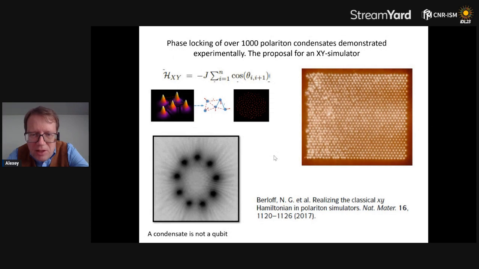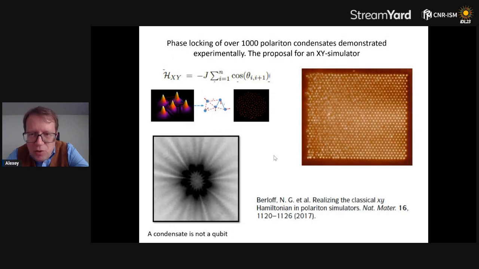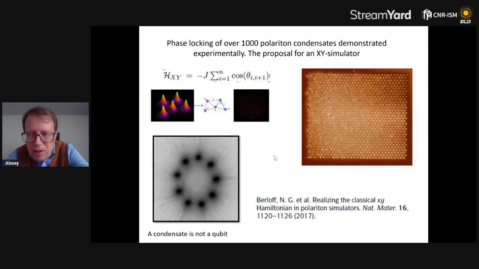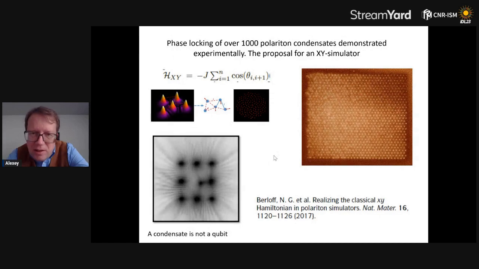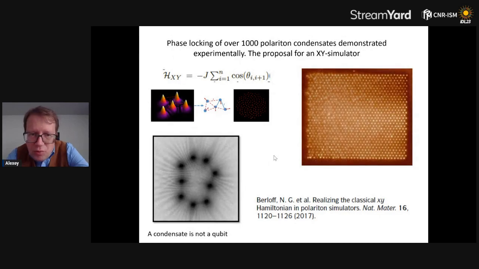And this is a tremendous opportunity for the realization of a simulator, a device that solves one specific problem, but solves it much faster than any classical computer or supercomputer. So that was a proposal of 2017.